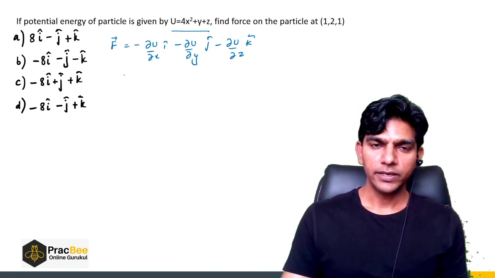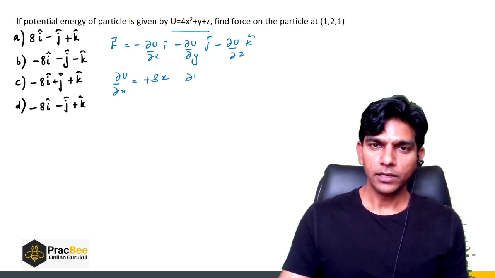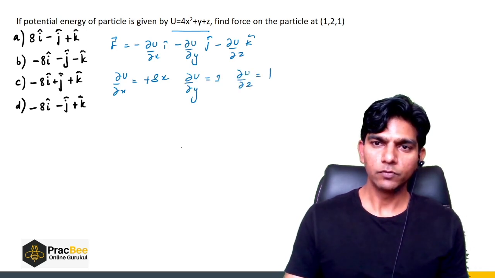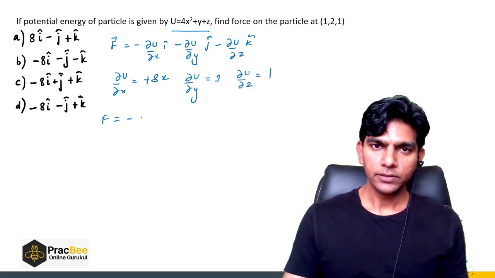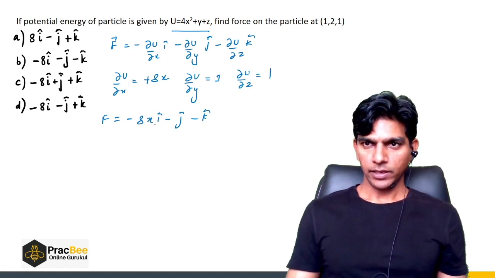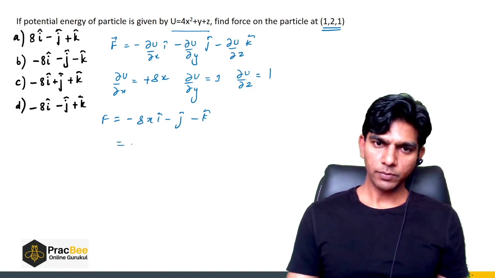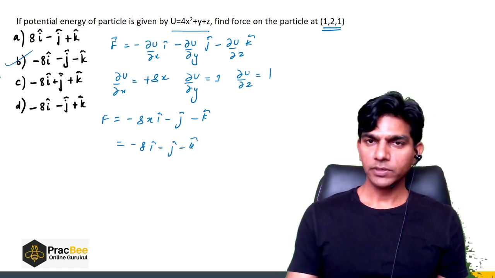So if I find del u by del x, it comes out to be plus 8x, right? And del u by del y will be 1 and del u by del z will be 1. So force will be minus 8x i cap minus j cap minus k cap. If I substitute x as 1, because we have to find the force at 1, 2, 1, it will be minus 8 i cap minus j cap minus k cap. So option B is the right answer.